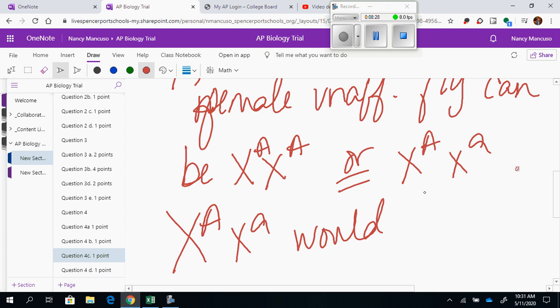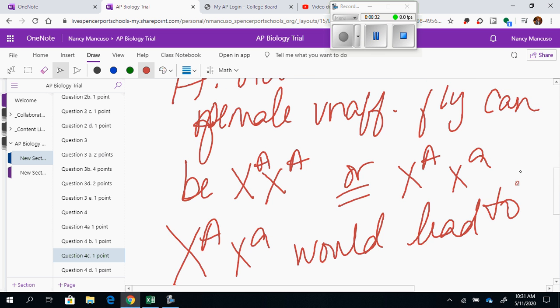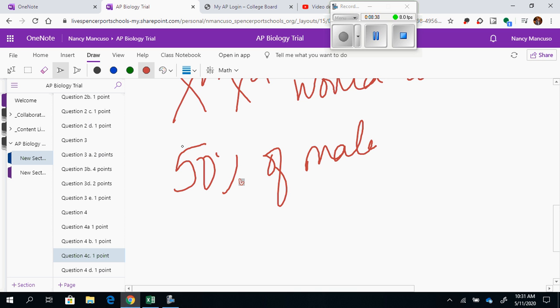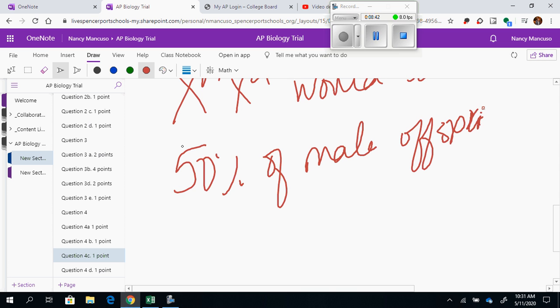And X big A, X little a would lead to 50% of the male offspring being affected.